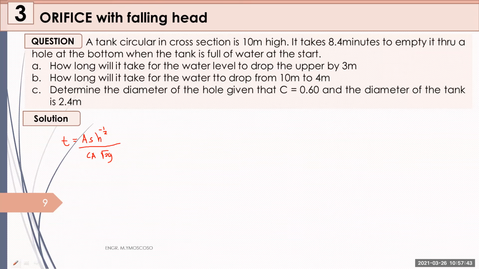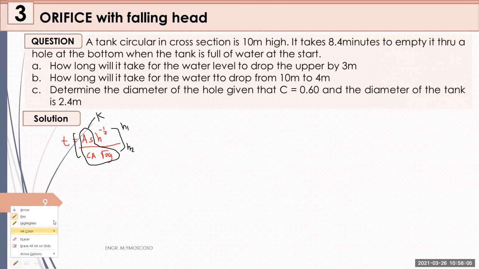So, let us change our ink color. This formula will be our variable K. I forgot the higher limit and lower limit. We make it a variable K so we can solve without the area of the tank and the orifice.